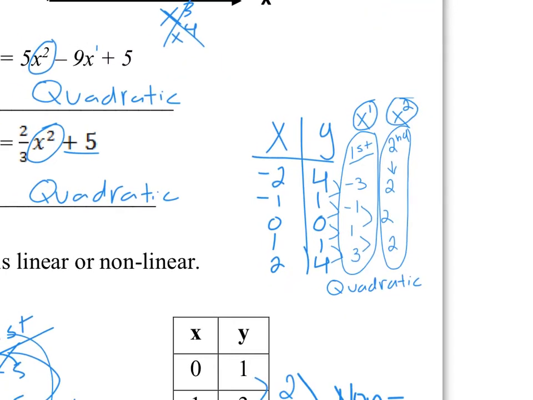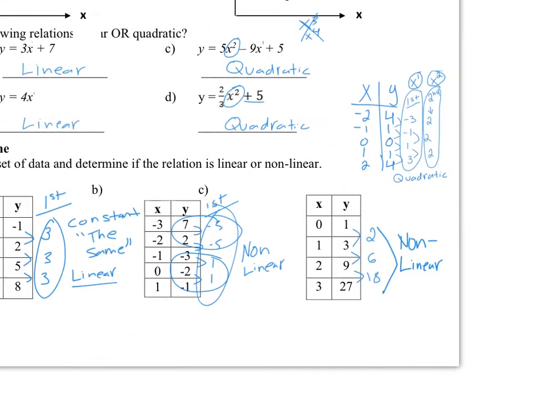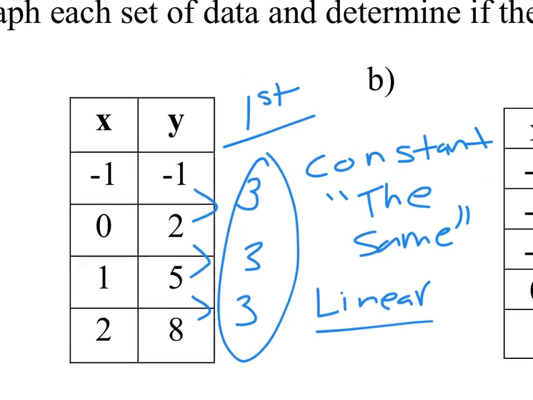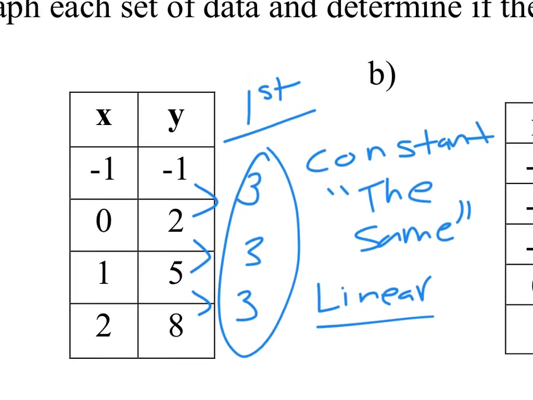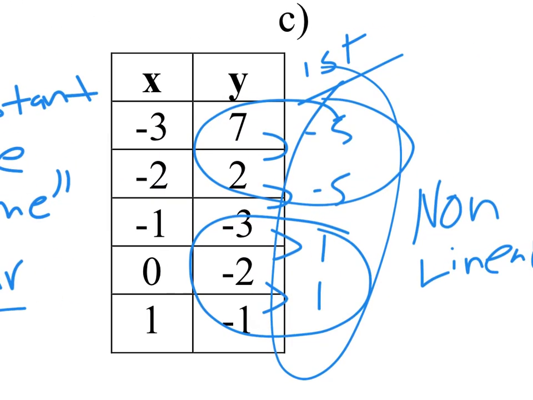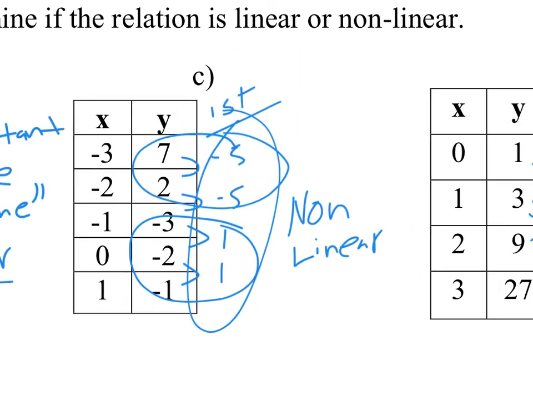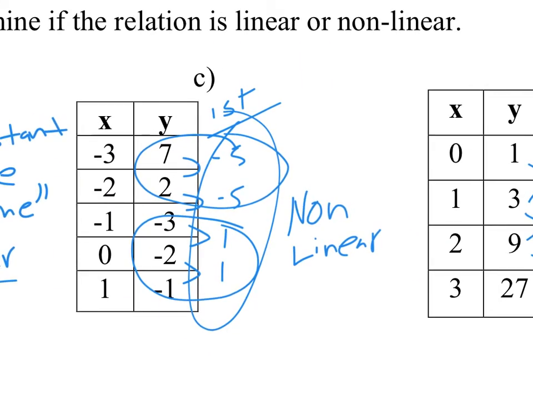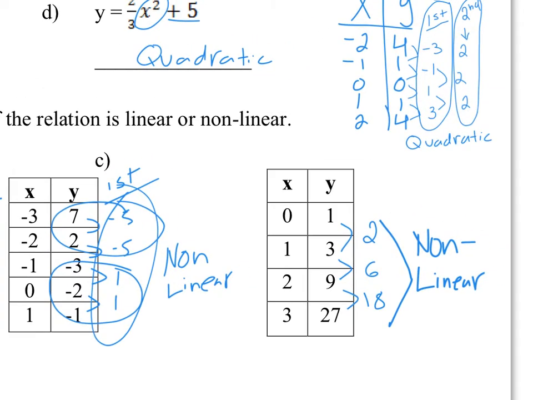Looking at these examples and comparing them, if the first time we subtract they're all the same, great, it's linear. If you subtract the first time and the second time and there are no constants, then they're nonlinear, like these two examples.